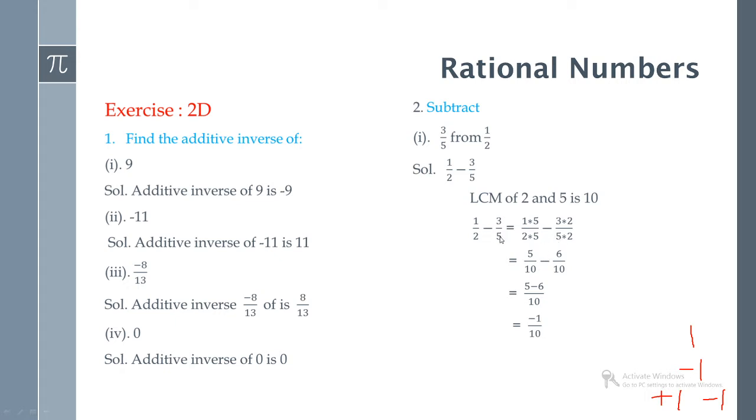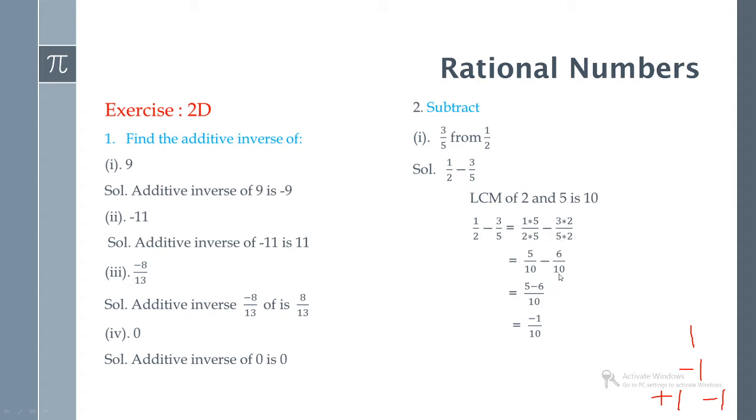For 5, I have to get 10, so 5 into 2 and 3 into 2. So 1 into 5 is 5, 2 into 5 is 10, minus 3 into 2 is 6, and 5 into 2 is 10.